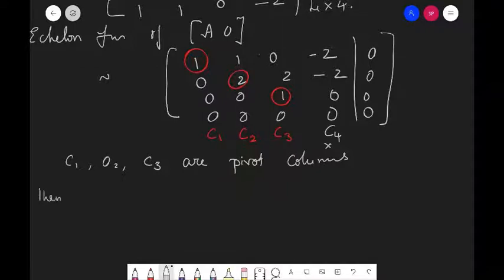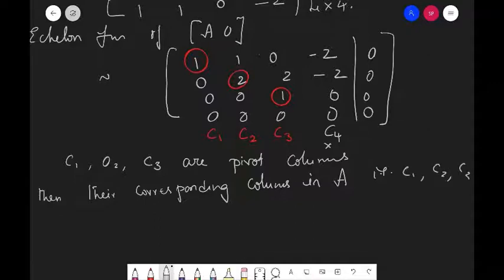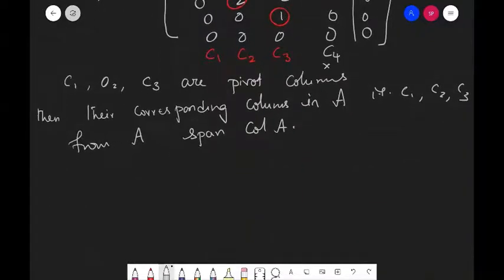Then their corresponding columns in A, that is C1, C2, C3 from A, span column space A.